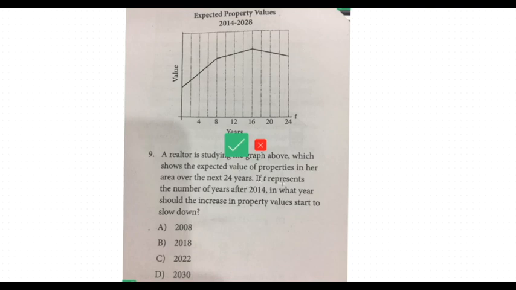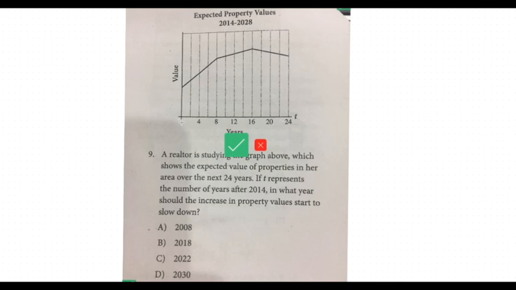Okay, so if T represents the number of years after 2014, if T here is on your x-axis and it represents the years after 2014, if you all look at your axis, you realize that every line here represents two years, right? So 2, 4, 6, 8, 10, 12, 14, 16, 18, 20, 22.